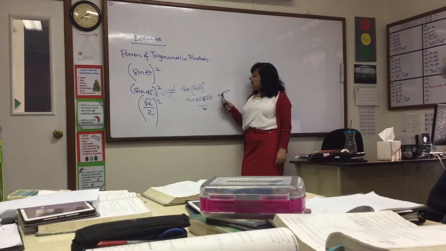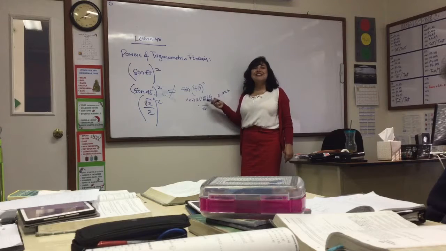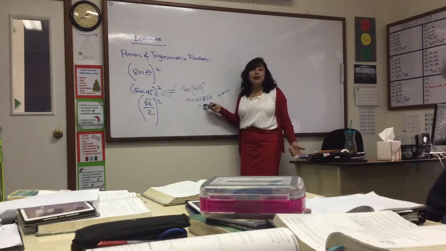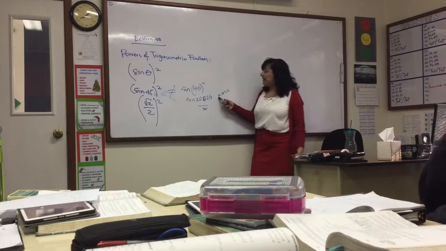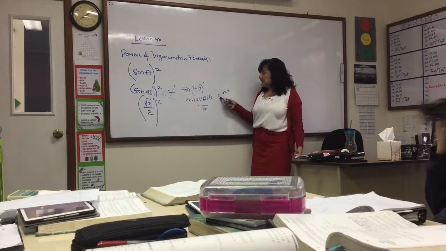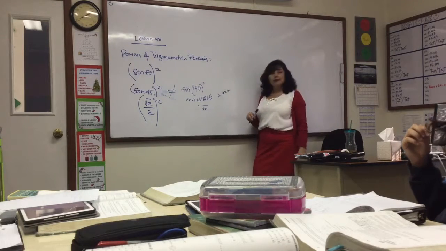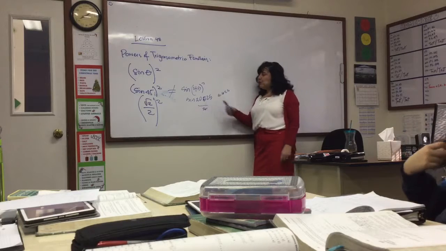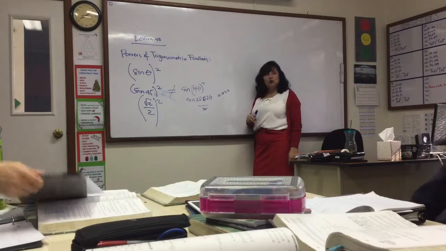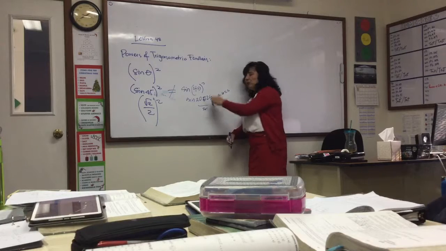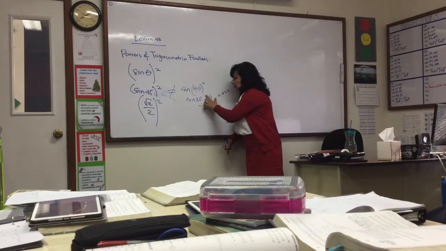So if you go around, this is not going to equal 45 degrees. This goes around 5 times, which is 360 times 5, and a little bit more.